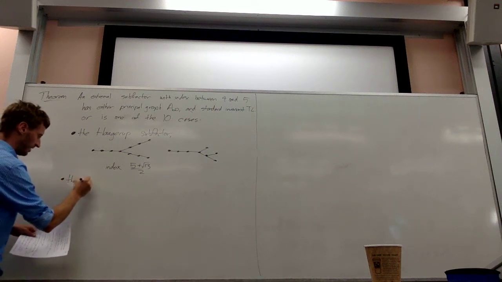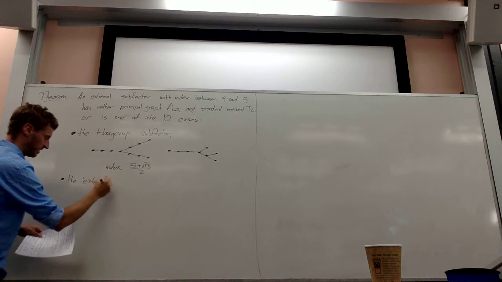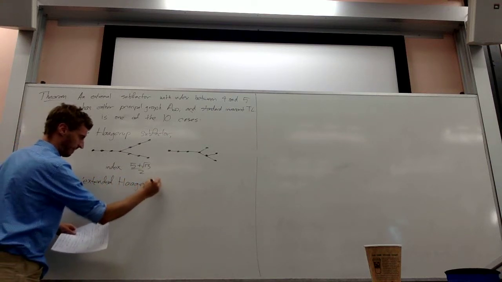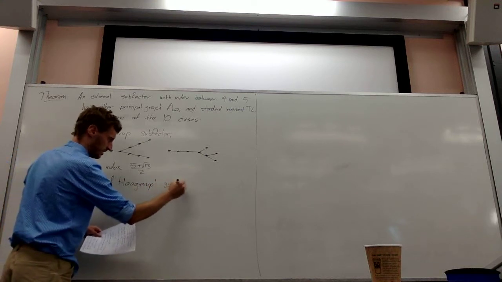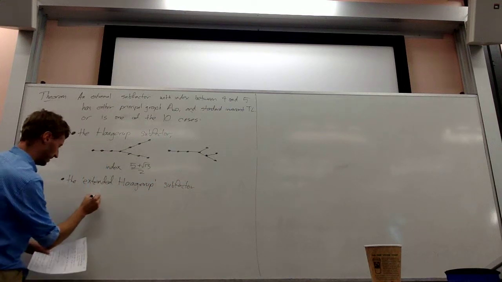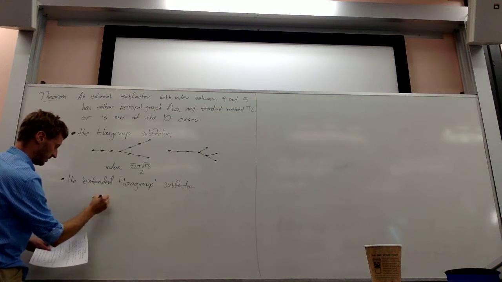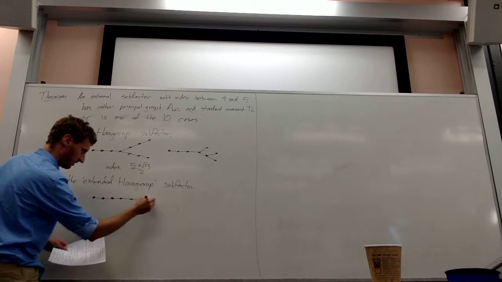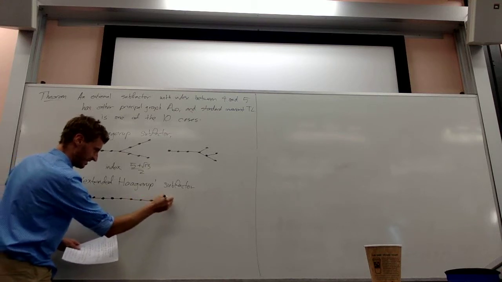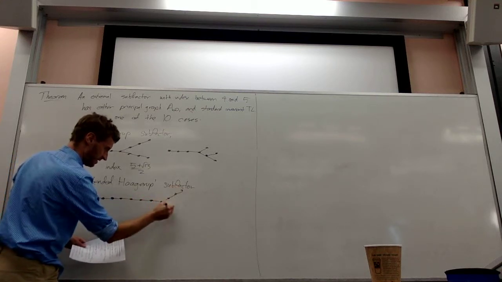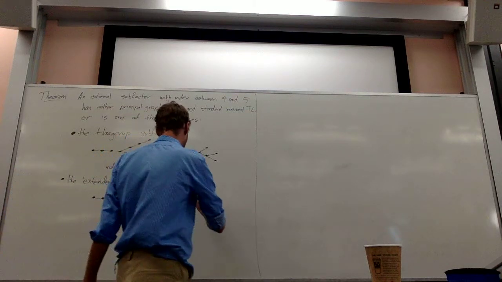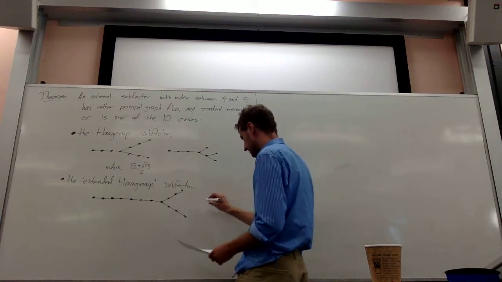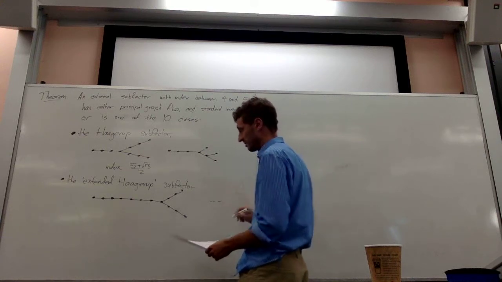There's the extremely poorly named extended Haagerup subfactor, which gets its name because the principal graph is almost the same, just longer. And there's another principal graph there.